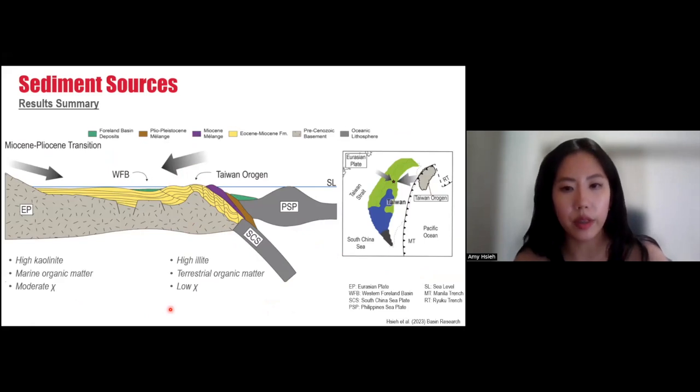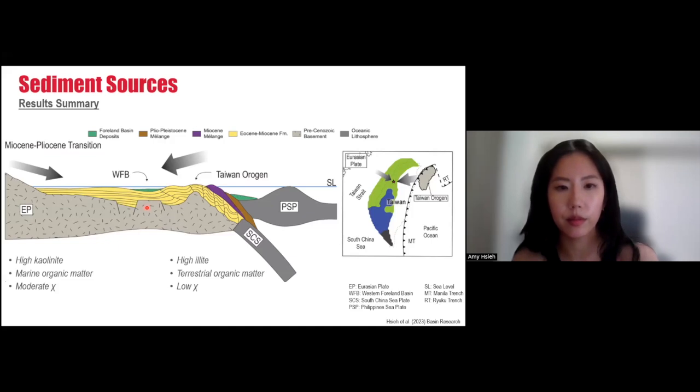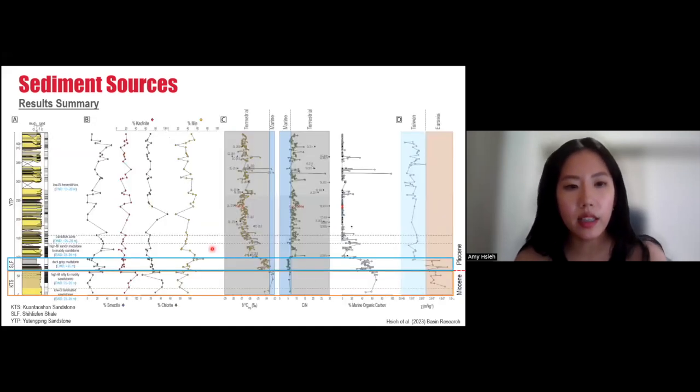Marine organic material would decrease due to terrestrial sediment input from the island, as well as shorter residence times from erosion to deposition to burial. Taiwanese sediment is also depleted in magnetic minerals. We see this manifested in the Silofin Shale, where the proportion of kaolinite abruptly drops while illite increases. Marine organic material also begins to decrease slightly.